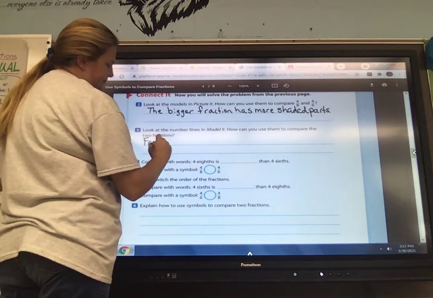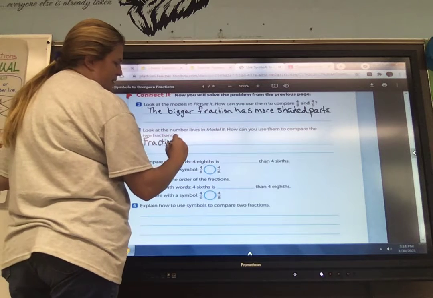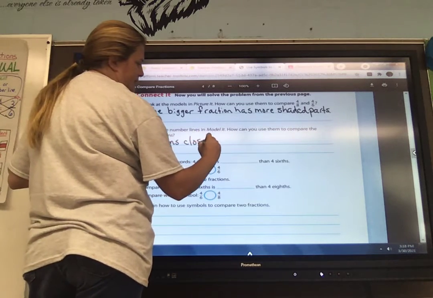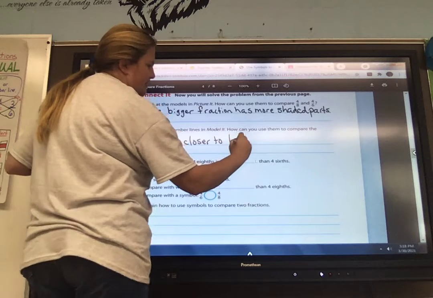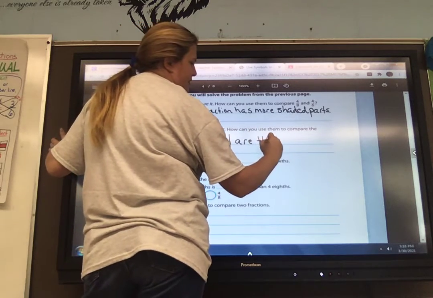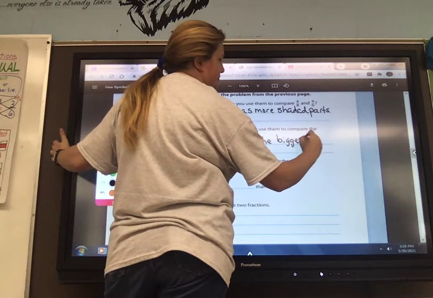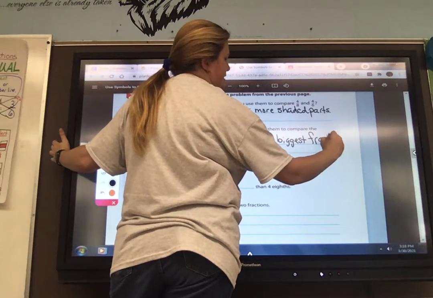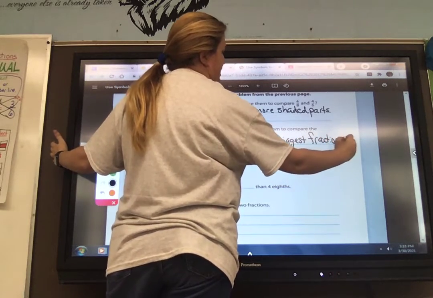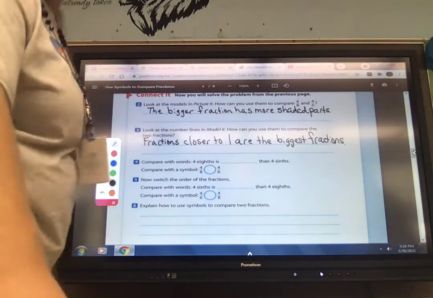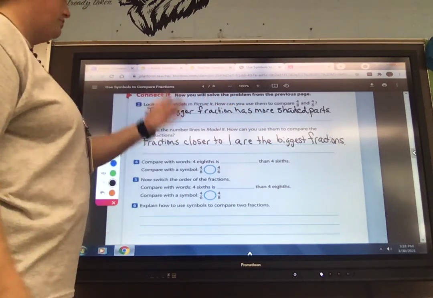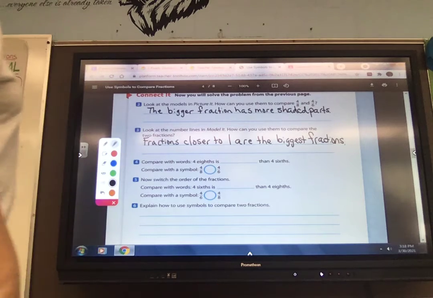Fractions closer to 1 are the biggest fractions. Remember, a number line is like a race, so the closer you are to the 1, the closer you are to finishing the race, so you're the bigger fraction.